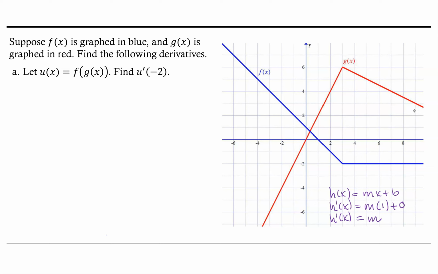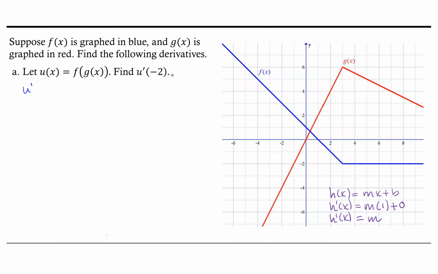So our first function is u of x, and u of x is defined as f of g of x. What we want to do is find u prime at -2. The first thing we're going to do is figure out what u prime of x looks like symbolically, and then we can evaluate that at -2.